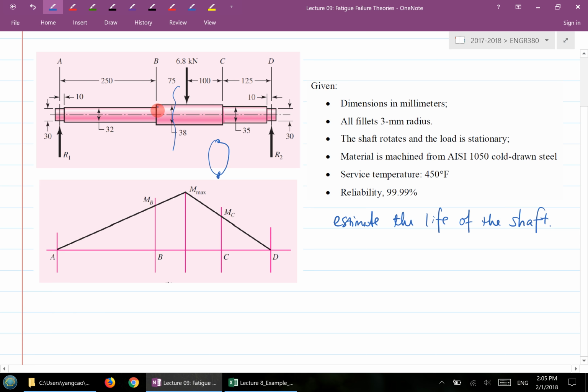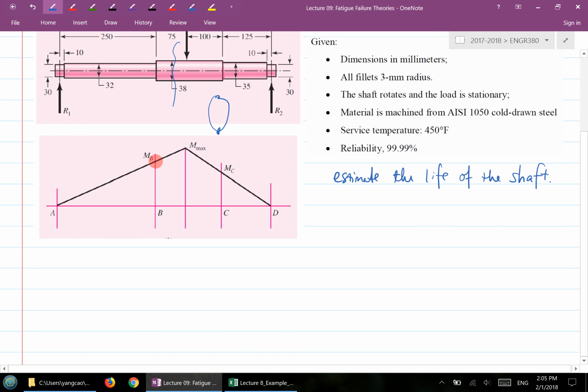The completely reversed loading will have this amplitude sigma A, and that sigma A is the normal stress caused by the bending moment MB here. So we need to find what the MB value is.